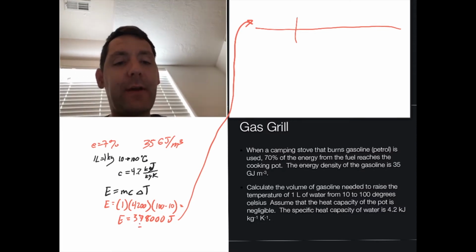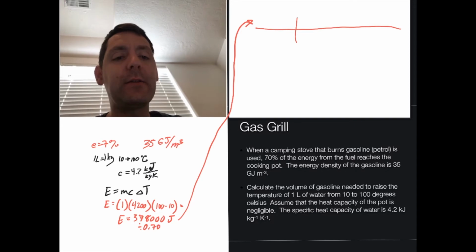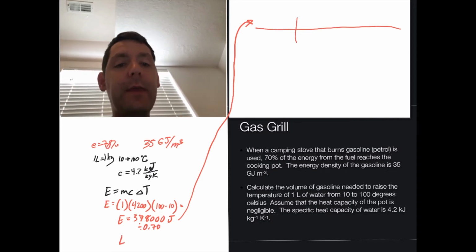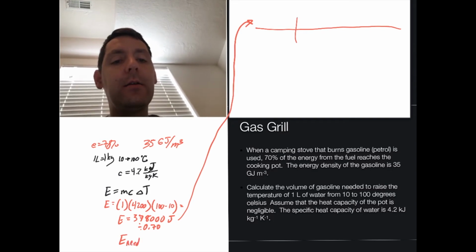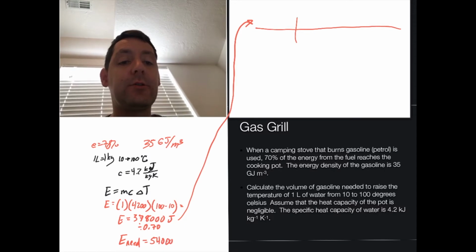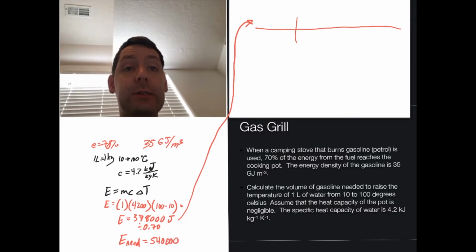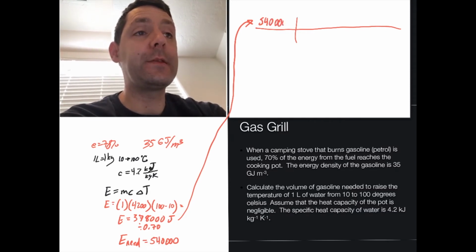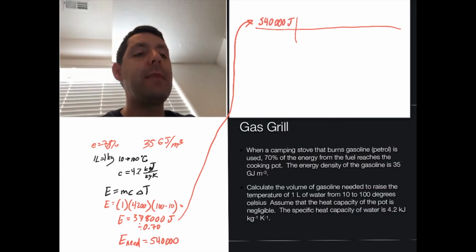So if I divide that by 0.7, my 70% given at the beginning, then I need to get out 540,000 joules.